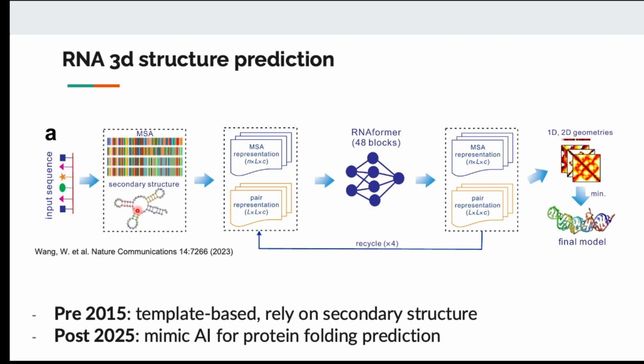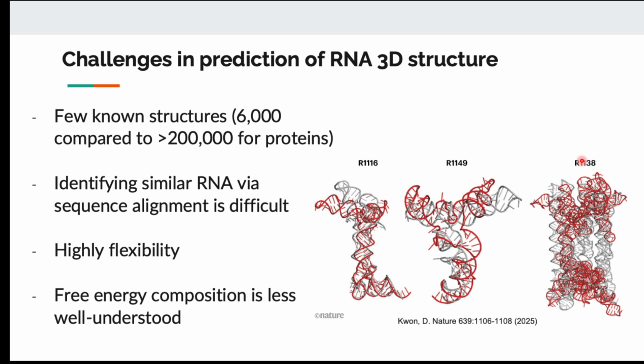And when people want to mimic AlphaFold, they try to learn from multiple sequence alignments of RNA, predict the secondary structure, predict the distance constraints, and predict the structure directly. What they found as an obstacle is that compared to protein, for which we have more than 200,000 known structures, for RNA we only have 6,000.